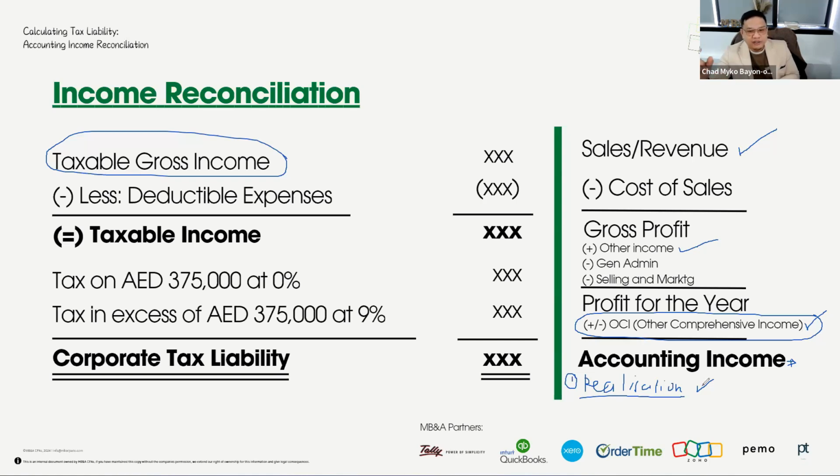So instead of paying 65, we paid 75. So we have a loss there of 10. That will be part of your OCI.